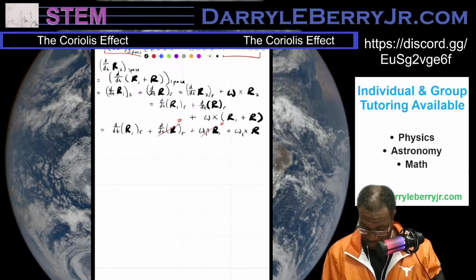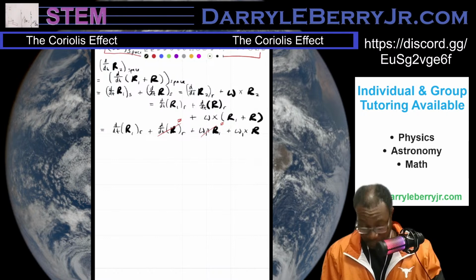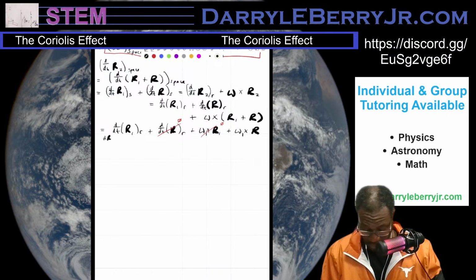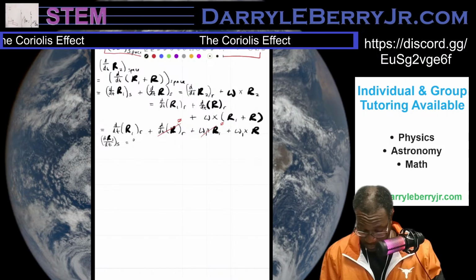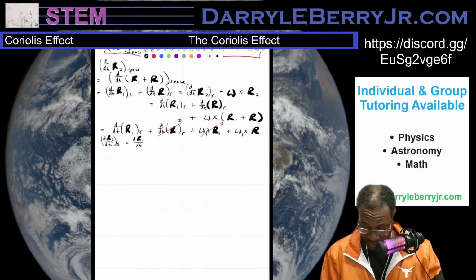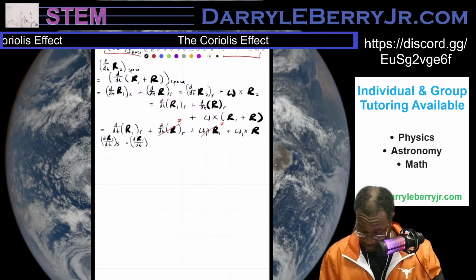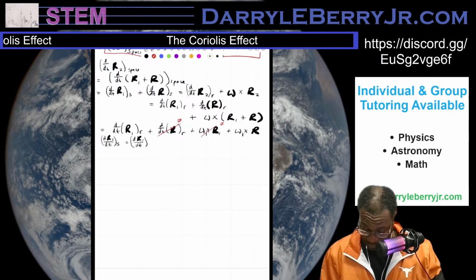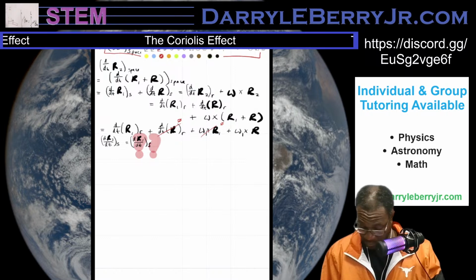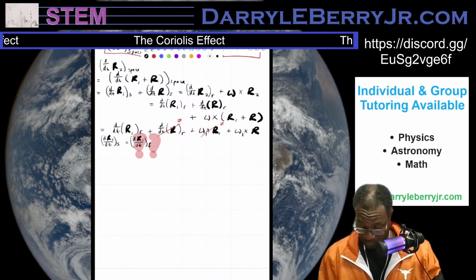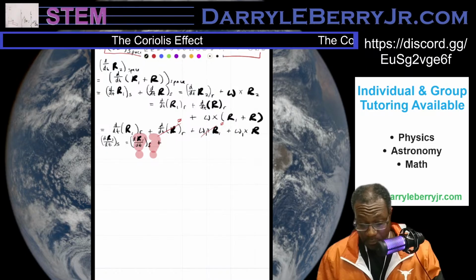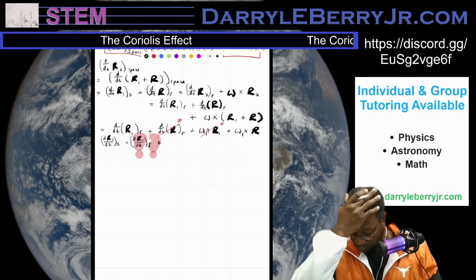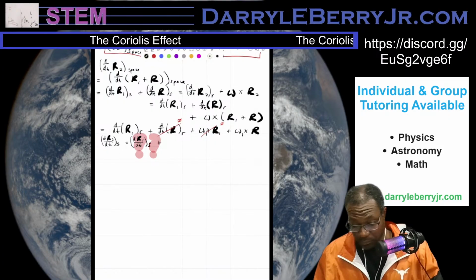So we have dR2/dt equals dR1/dt, which I'm not sure about, plus, they say that will vanish.